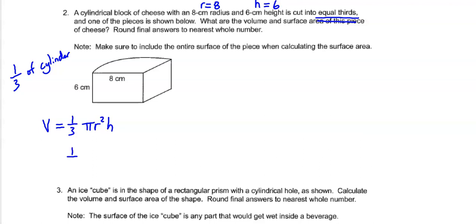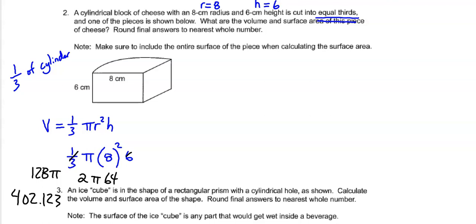So we have 1/3 pi r squared h, and I can clean that up a little bit. 1/3 of 6 is just 2, so 2 pi 64, which is 128 pi. When I crank that out, somewhere in the neighborhood of 402.123, well, I guess if we have to round it, it's just going to be 402.